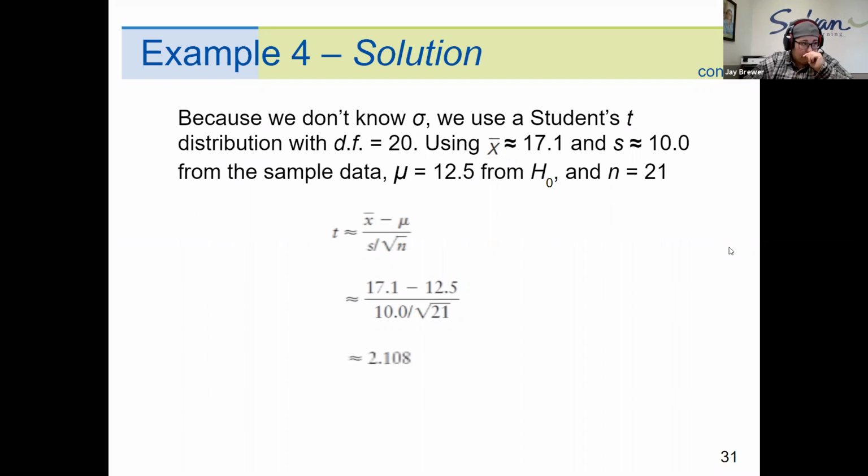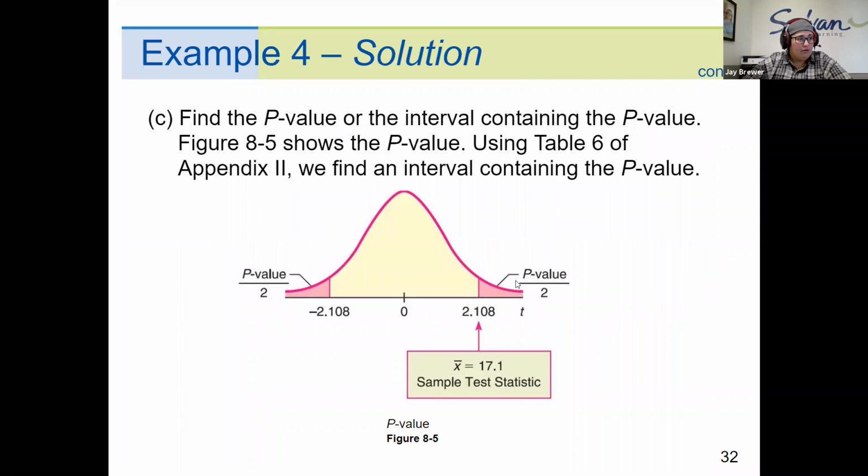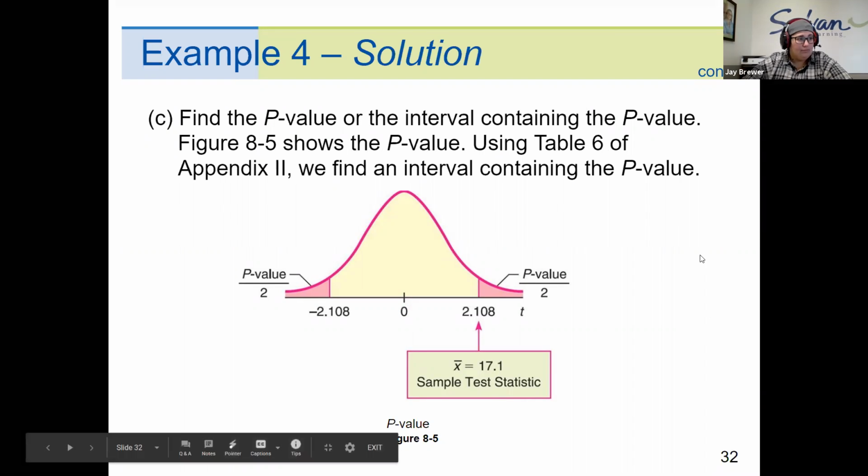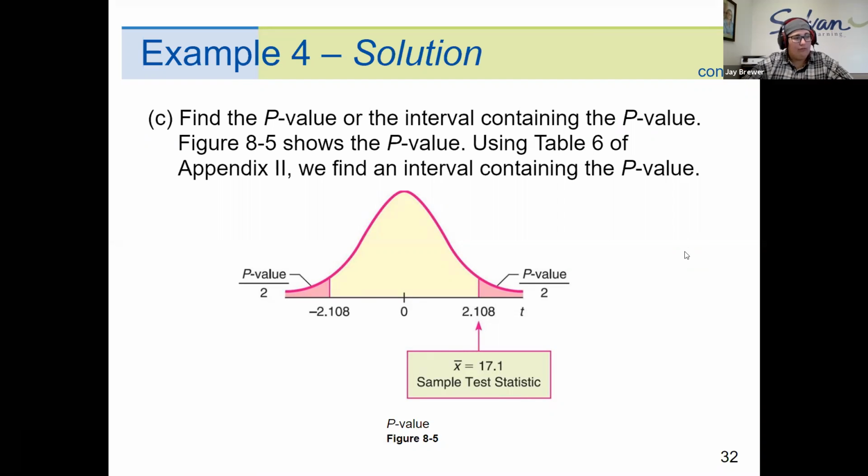All right, so your t is going to be 2.108. Go ahead and draw it all out here. Again, if you've been working along with everything, you should be more than fine on doing this.